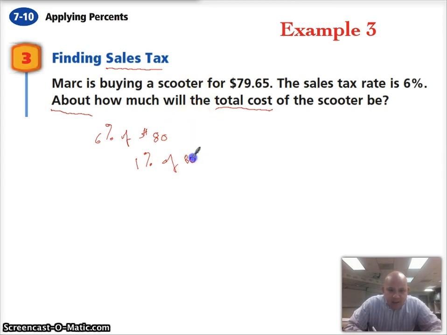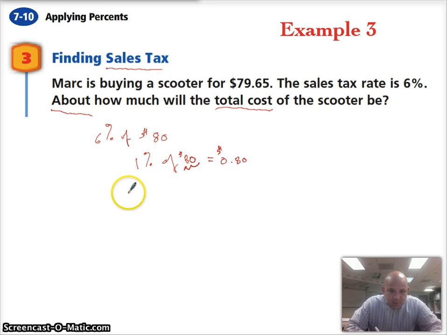1% of 80. Why am I doing 1% of 80? Well, I'll show you shortly. 1% of 80, I move the decimal point over 2 place values. 1% of $80 then is 80 cents.